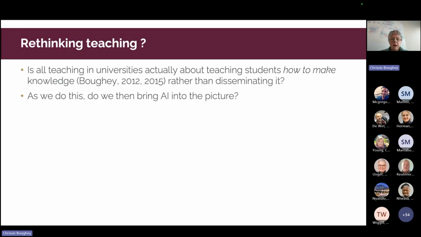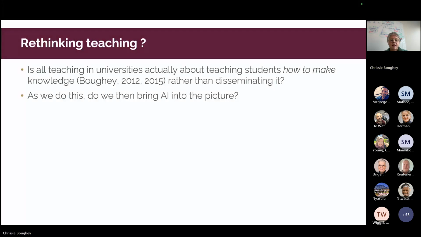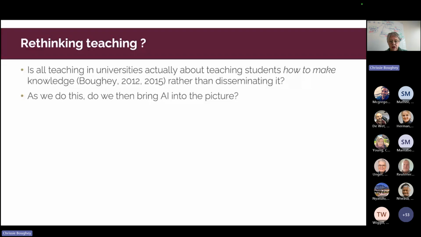So this brings me back to an argument I originally made more than 12 years ago, when I argued whether teaching in universities is teaching students about how to make knowledge rather than disseminating it.